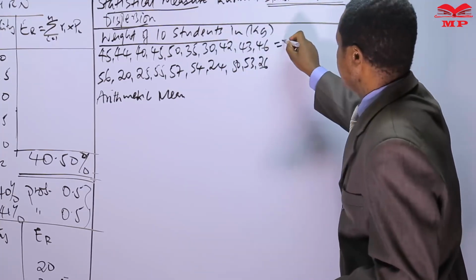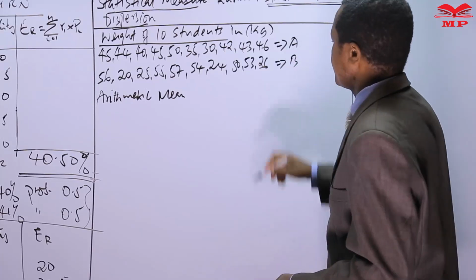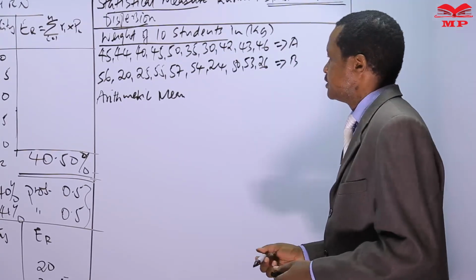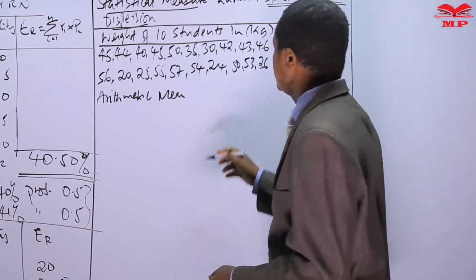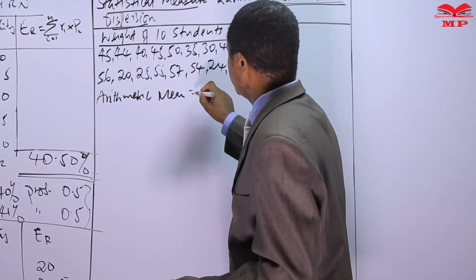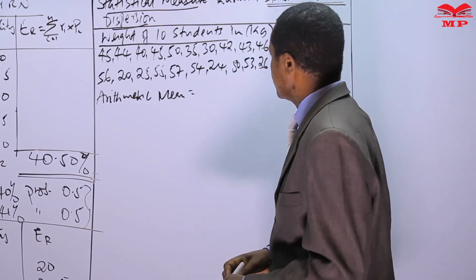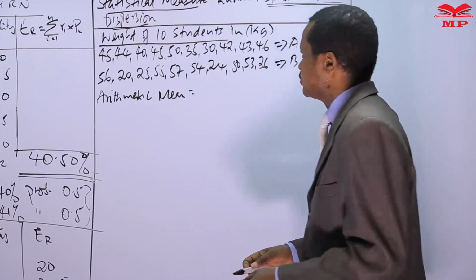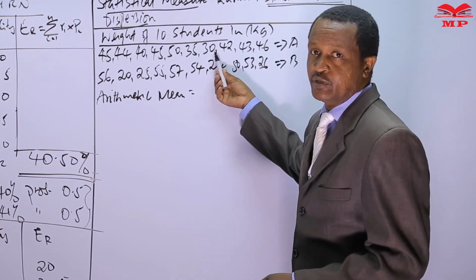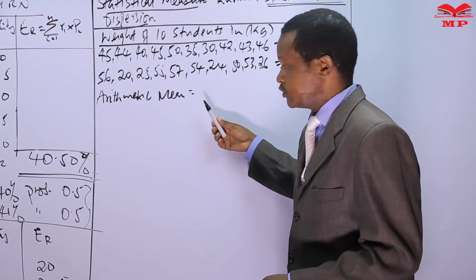You can call this one A and this one B. Now, the arithmetic mean will be the summation of the number of kilograms divided by the frequency, which is the number of students.